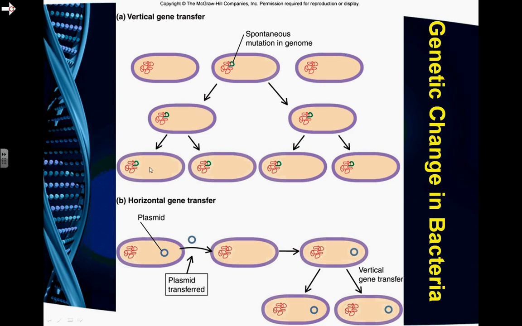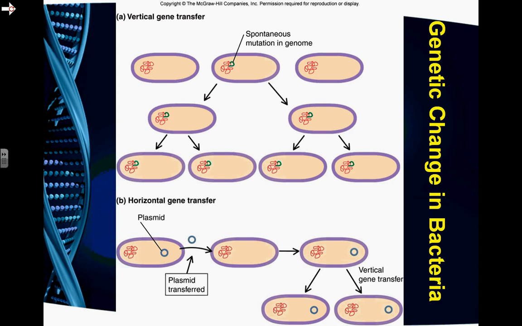Okay, we have this. Now, what we have in this cell right here, you have a group of cells. You have 3 cells in this diagram, and the red is the DNA of that cell. Now, in this picture, it shows this little green piece right here represents a spontaneous mutation within that DNA.